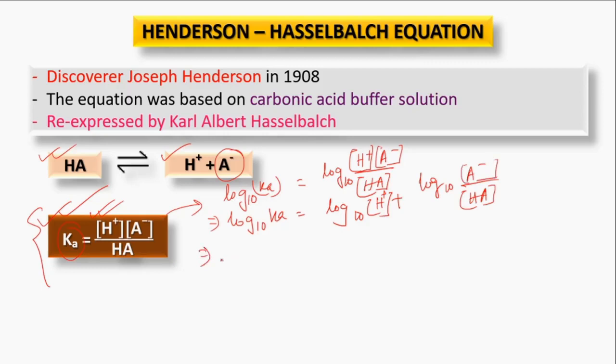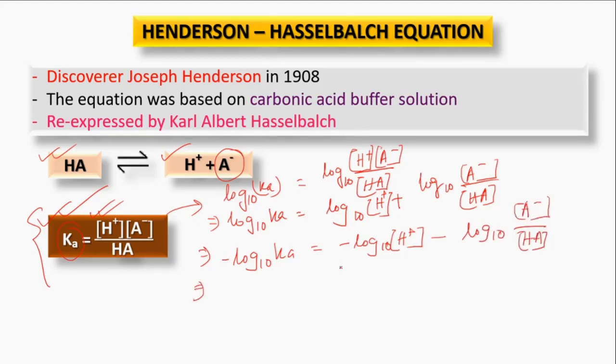And if we multiply by minus on both sides, we can get minus log Ka equals minus log10 H plus minus log10 A minus by HA. I hope you can understand. And we know that minus log H plus equals pH, and the minus log of Ka would be the pKa, and we can write this in this way, with log10 the same as it was.